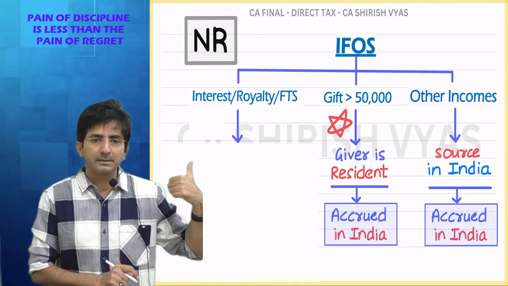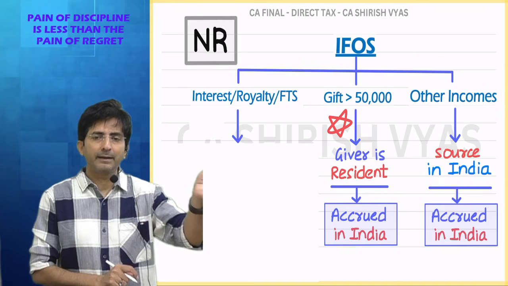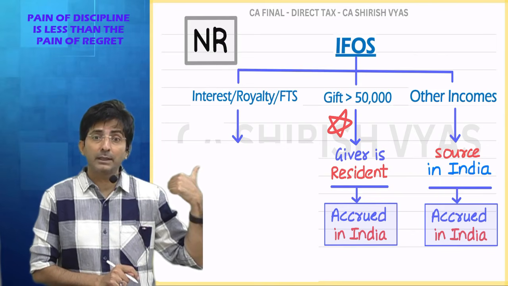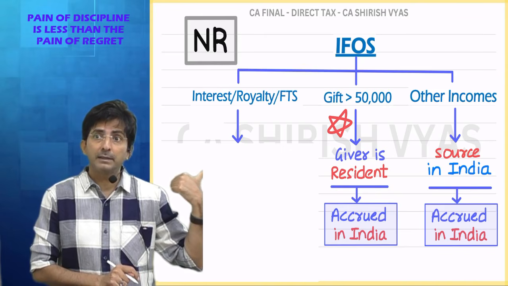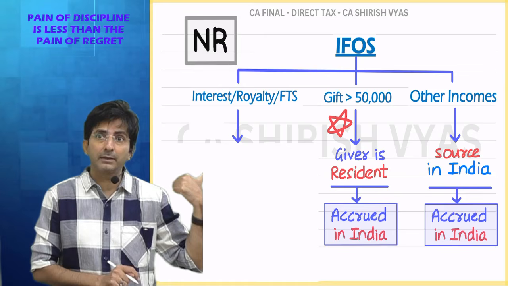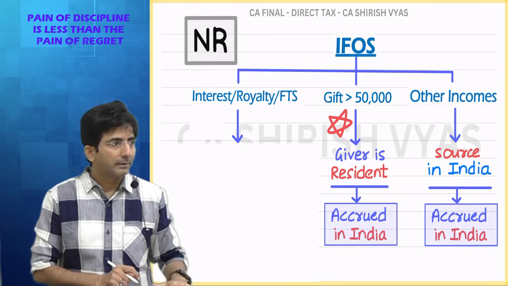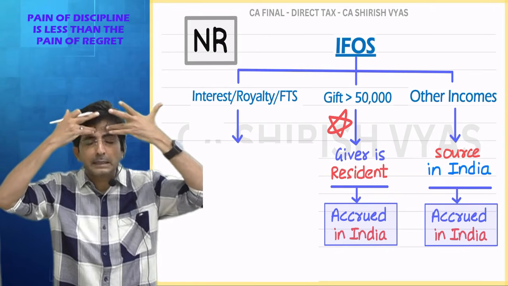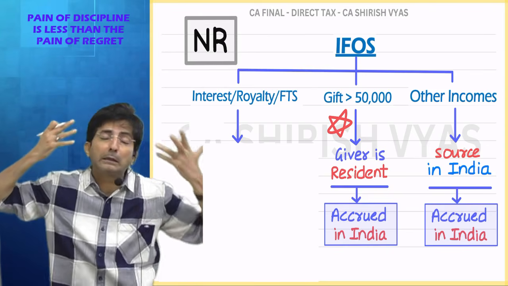The other NR's. NR gifted, but he gifted to some other NR. But who is the receiver of the gift? Another NR. Now the other NR will think, who is the giver? NR. So income accrued outside India. See, think from the person who is earning the income. Tell me, for whom is it a tension, whether income is accrued in India or not.